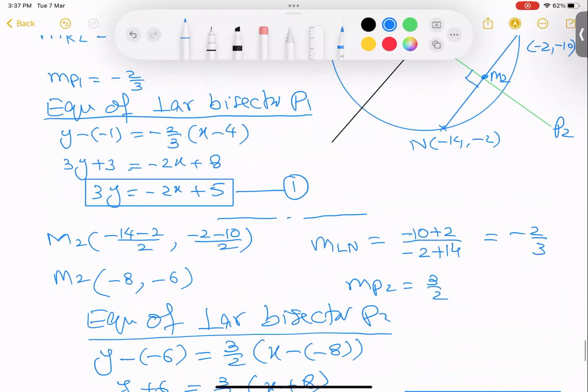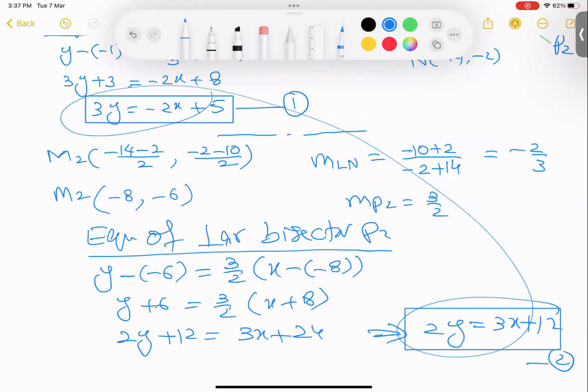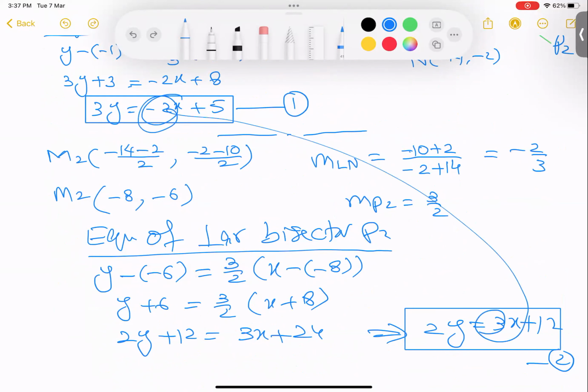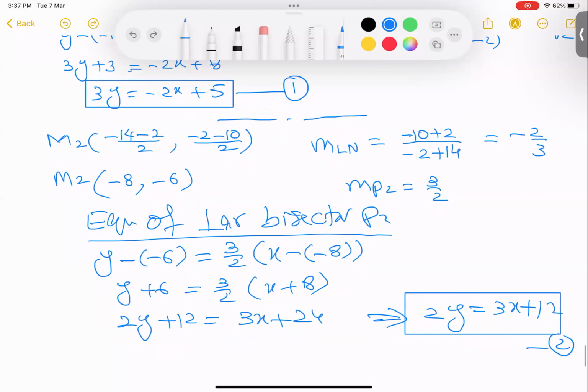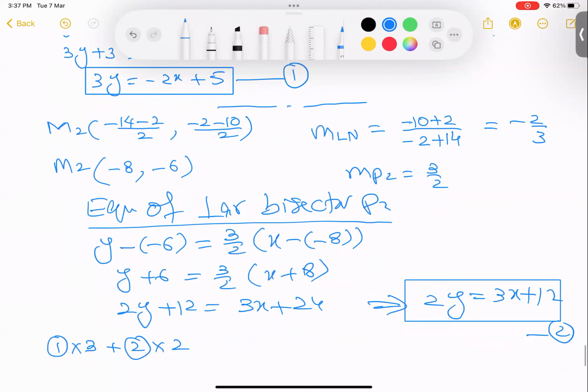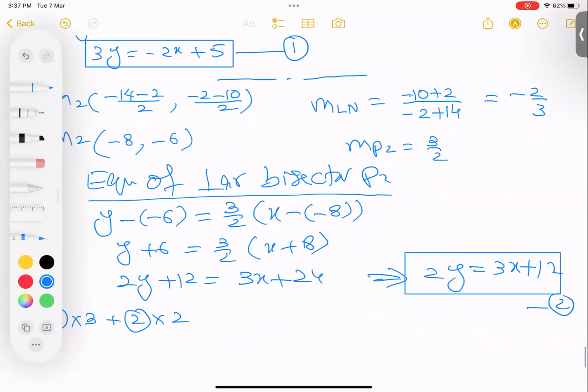Now I'm going to solve these two equations simultaneously. Okay, so I think I will cancel x. So in this equation it is minus 2, and here plus 3. Equation number 1, I'm going to multiply by 3, and equation number 2, I multiply by 2 and just add them. So let's see how I can continue.